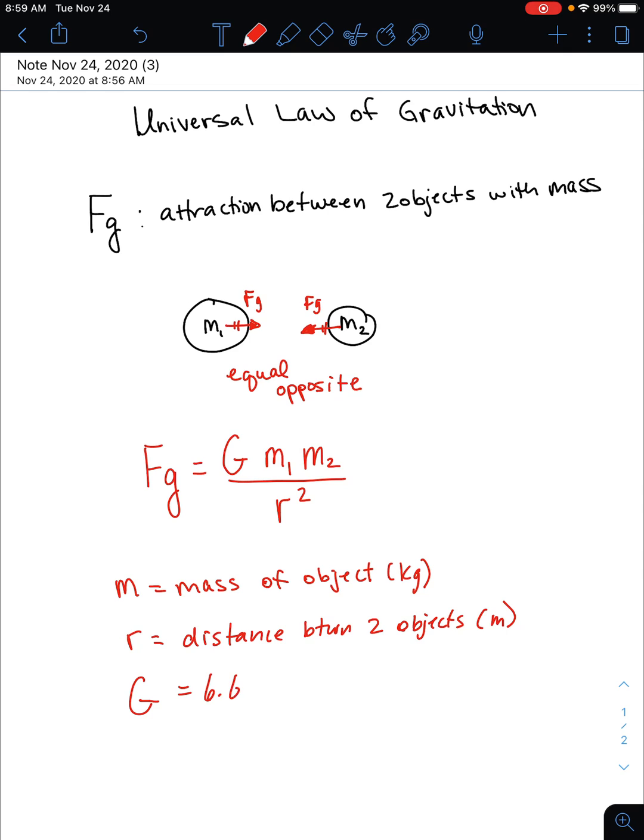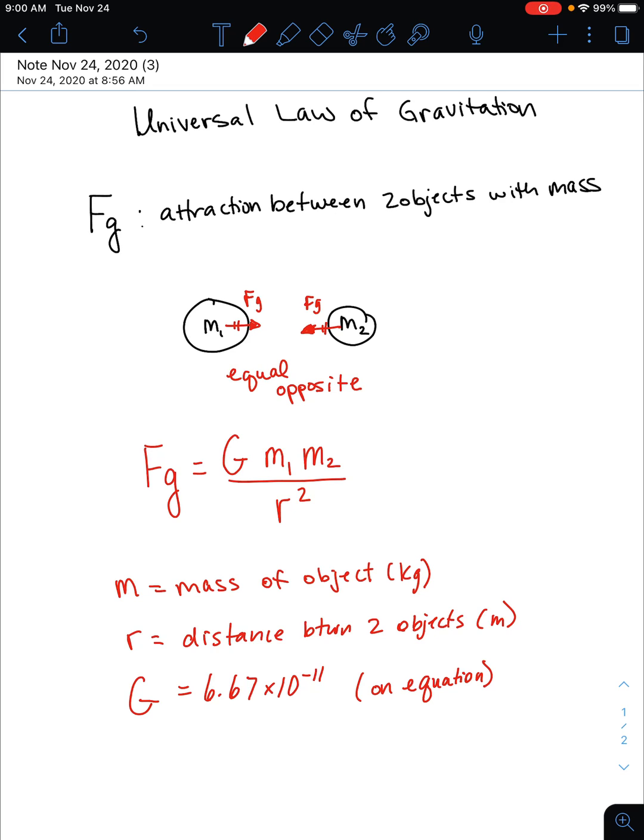It's 6.67 times 10 to the negative 11. This is provided for you on the equation sheet. You don't have to memorize it, but sometimes it's nice to store it in your calculator so you don't have to type it in all the time, especially since we're doing times 10 to the negative 11th, where we would use that capital E button on your calculator in order to plug it in.